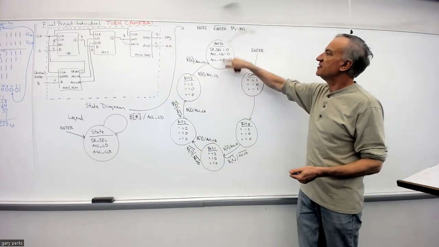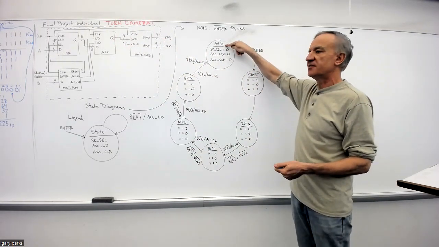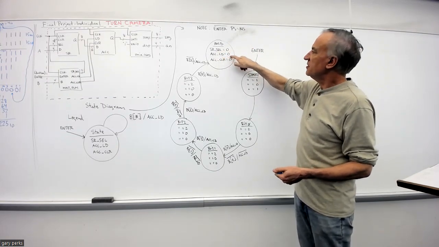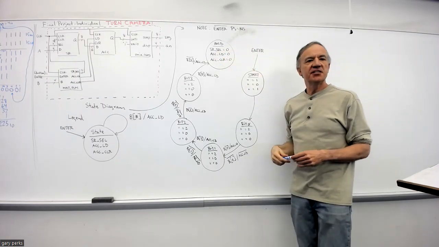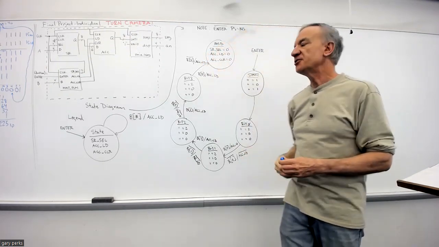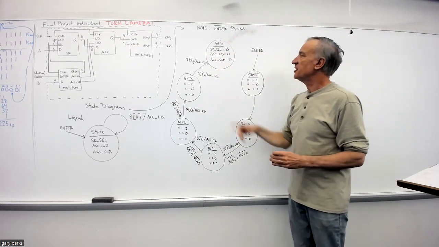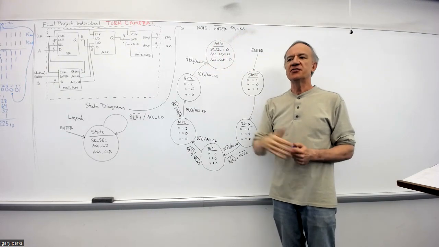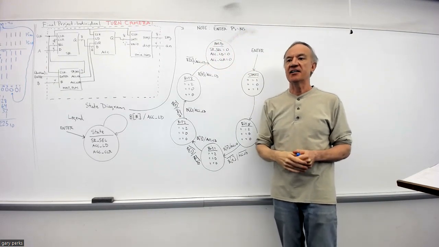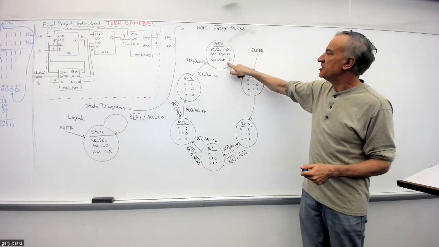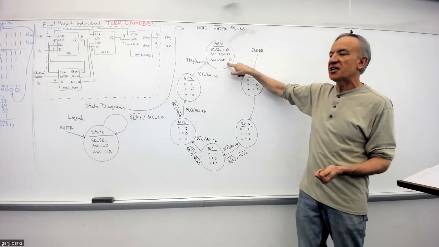Okay, let's start here. This is called the hold state. SR select is 0, accumulator load is 0, and accumulator clear is 0. And if you look at the coding again for the shift register and the accumulator, you would see that all your inputs for those two devices are active high. So if clear is low, that means we're not clearing the accumulator.